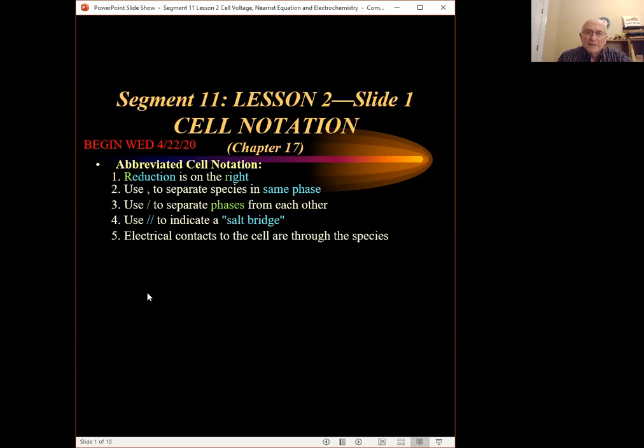Now, in any electrochemical cell, there has to be a connection to the outside world, which has to be a conductor. Typically, it's a metal, and often the metal may be something that is involved in that oxidative half cell or reductive half cell. And that would come out of the beaker and would be the place where you would attach a wire.